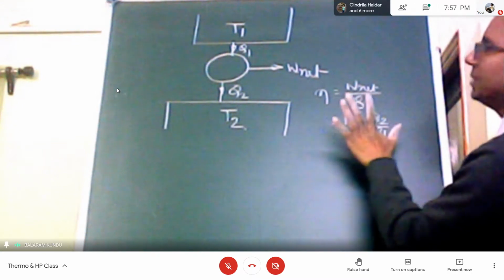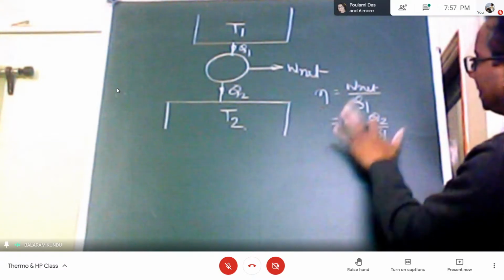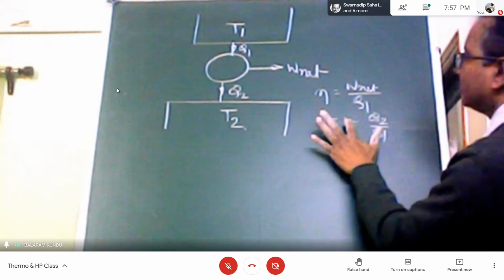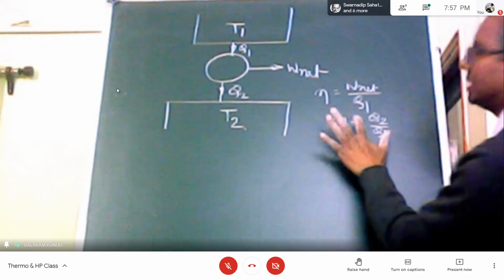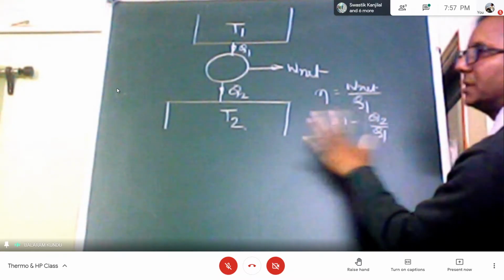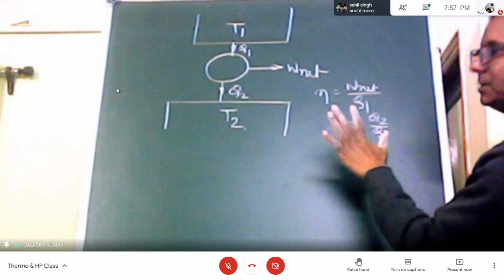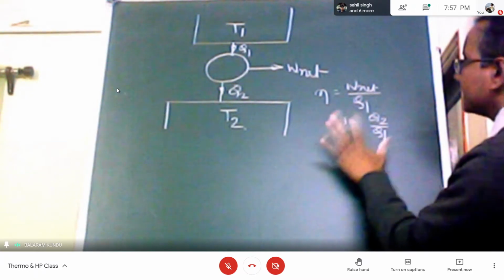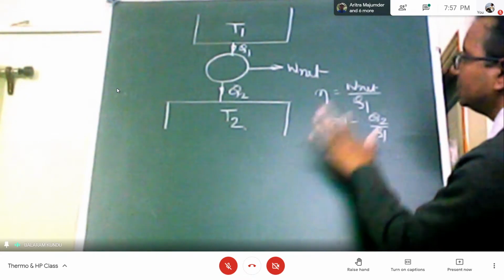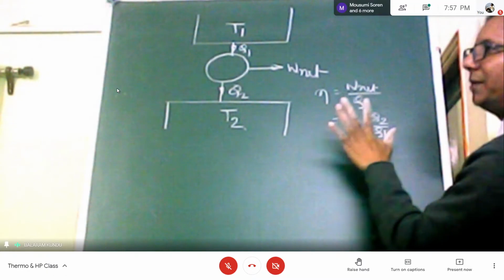But if we consider Q2 equal to 0, then efficiency equals 100%, which is not possible in a practical situation. We cannot get a machine that runs with 100% efficiency. Therefore, this is one limitation of the first law of thermodynamics.